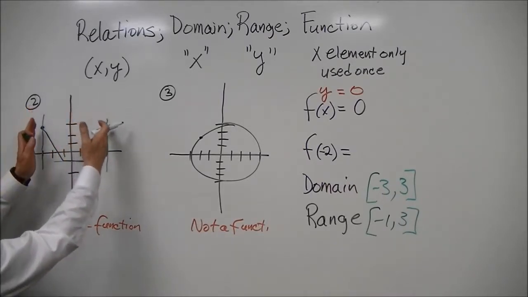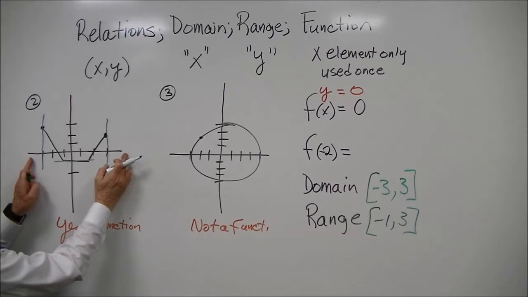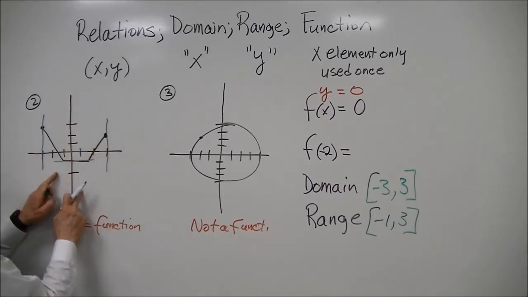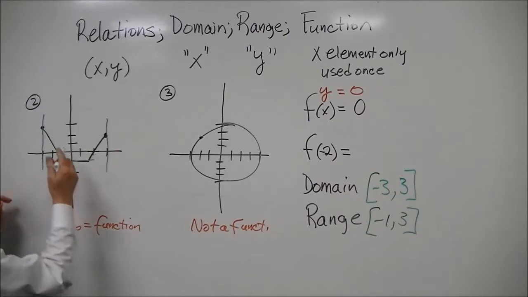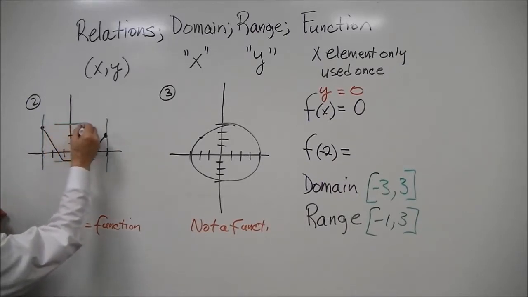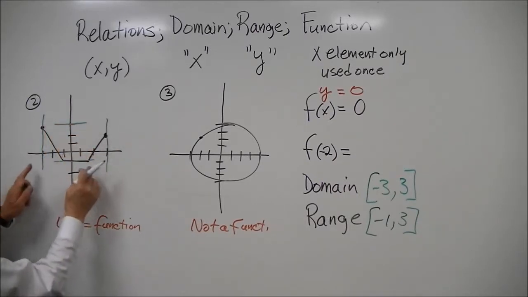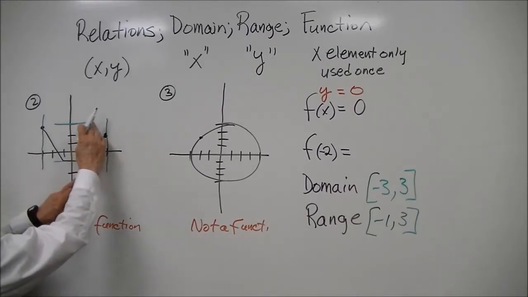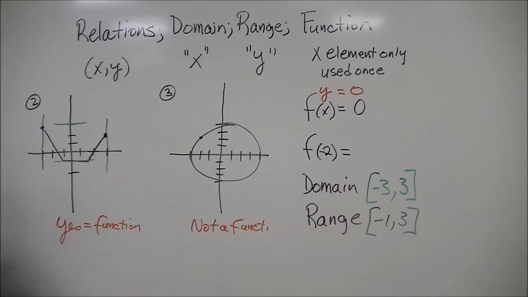You sort of reflect the points down to the x-axis in this case, and then bring this down to the x-axis and then up to here. So there's your domain x values, there's your range y values.